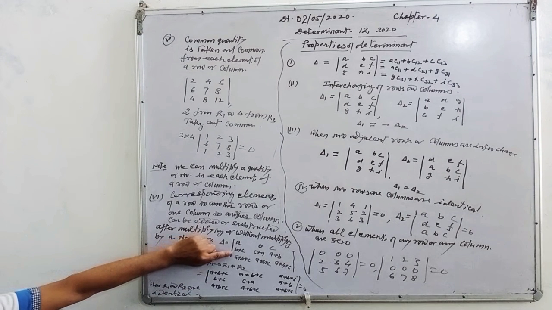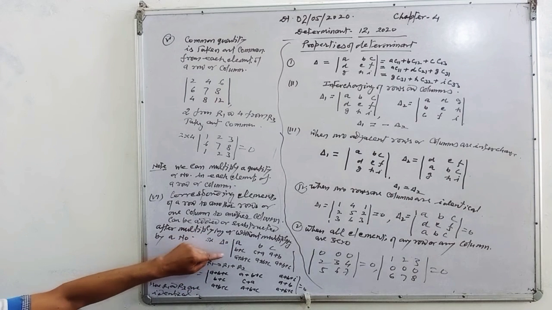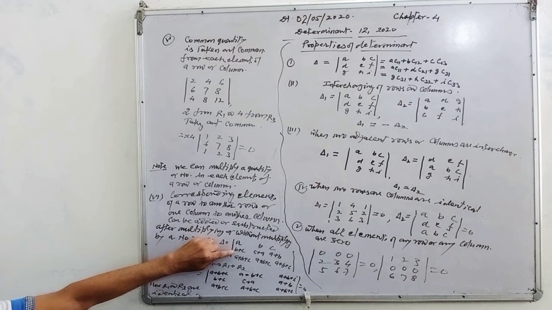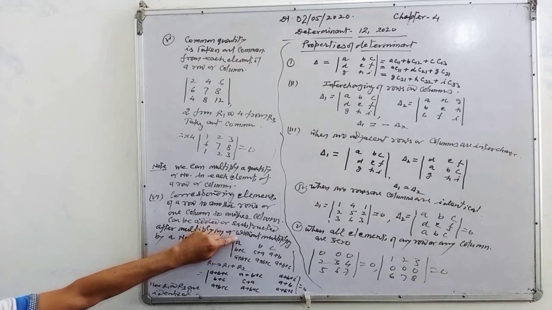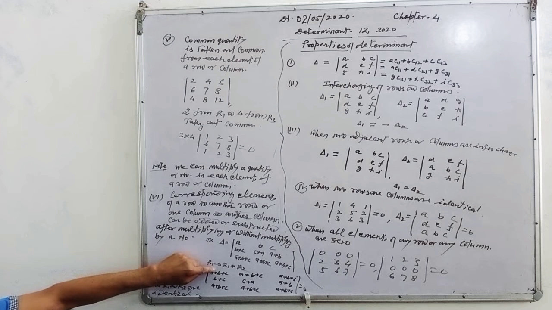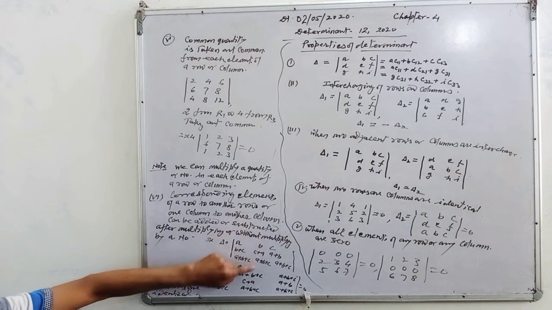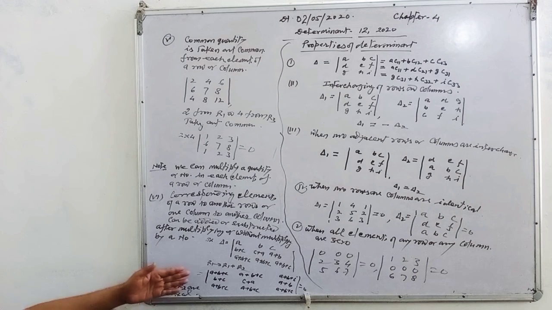The corresponding element of R2 will be added to R1. Then only R1 will change, and R2 and R3 will remain the same. Here this element will be added to this, and the first element becomes A plus B plus C. This element added to this becomes A plus B plus C. This element added to this becomes A plus B plus C. In this way, after applying this property, R1 and R3 become identical.